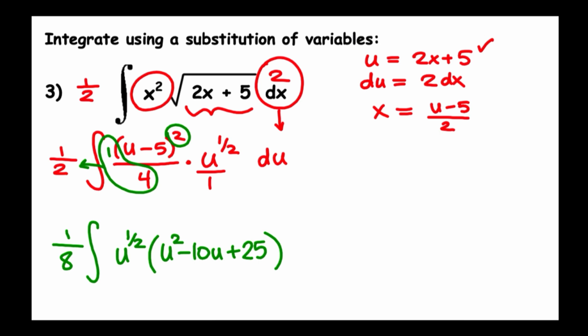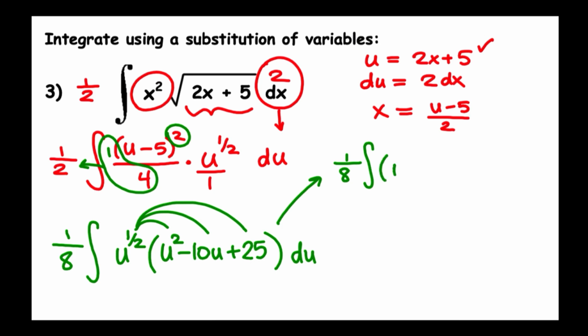And now the parentheses is to the first power, so I am able to distribute. So I will. And that's going to come up here, 1/8. I've got u to the 2.5 power, also known as 5/2, minus 10 u to the 3/2, plus 25 u to the 1/2.